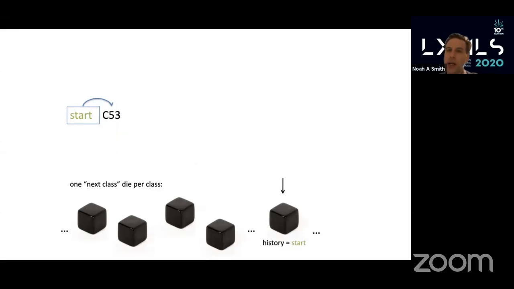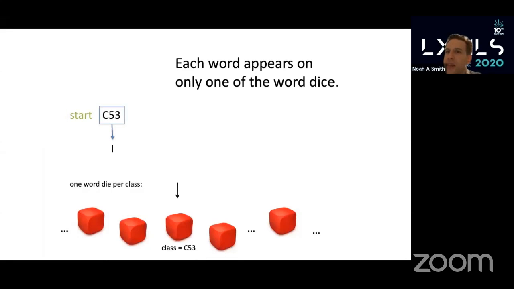So here's how it will work. We start out with a start symbol, and then we sample from a black die to generate the class of the first word. And say we pick 53. And then, given the fact that we just chose class 53 for the first word, we're going to pick a word, and we're only going to pick the word using a die associated with class number 53.